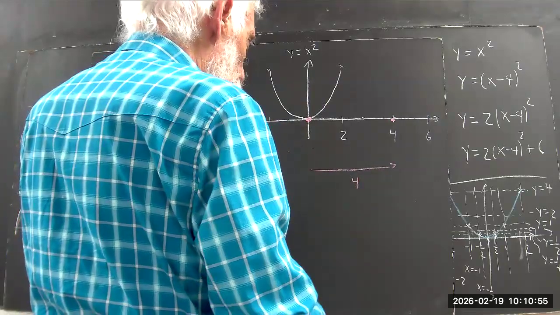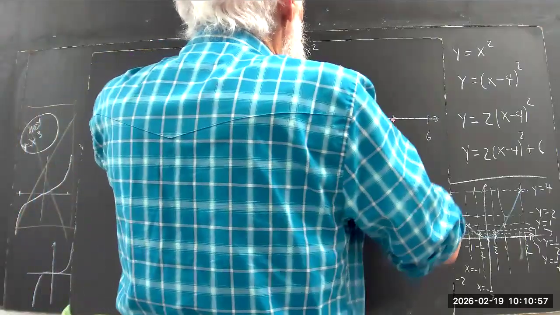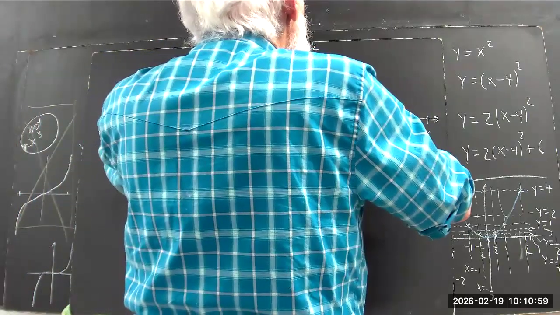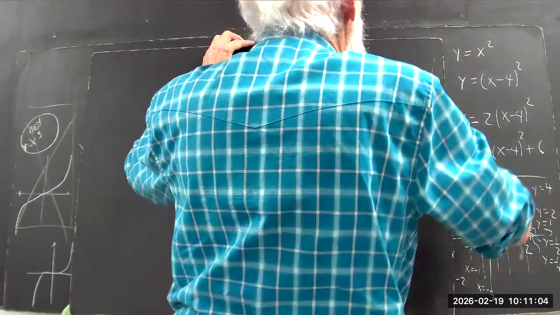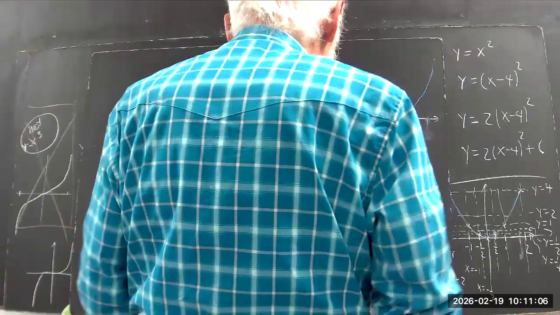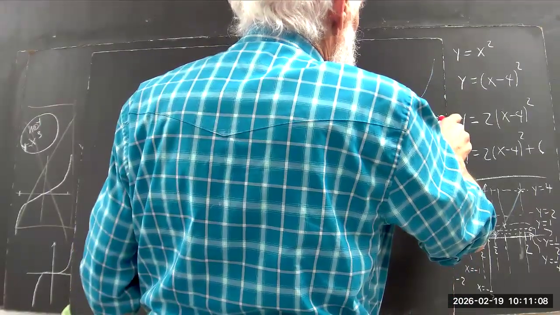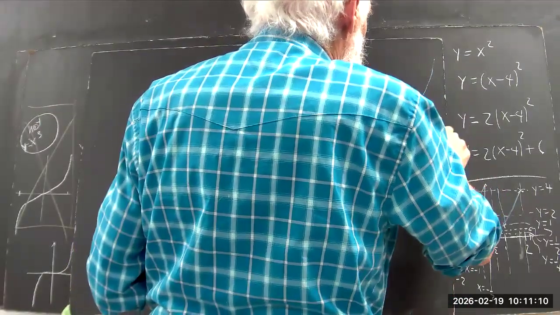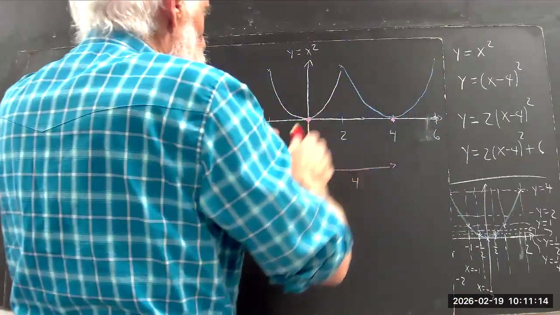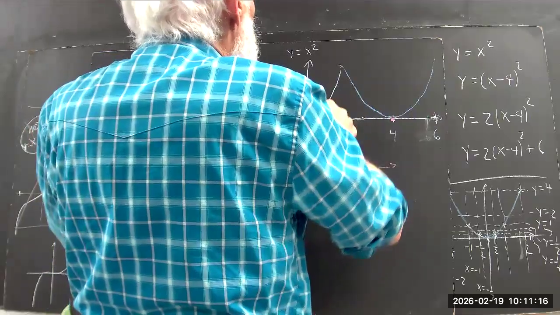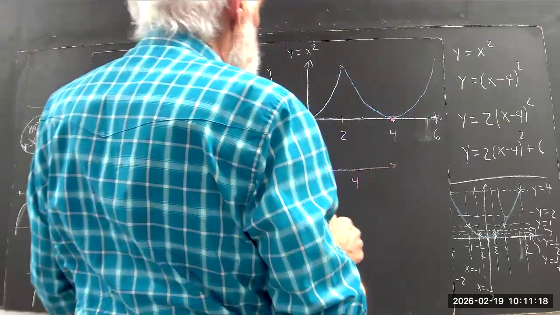And now we get a graph drawn pretty crudely. It looks like this. Let's put 6 a little further over because I don't have a real consistent scale here. So the x squared graph shifts over 4 units. Every point shifts 4 units.